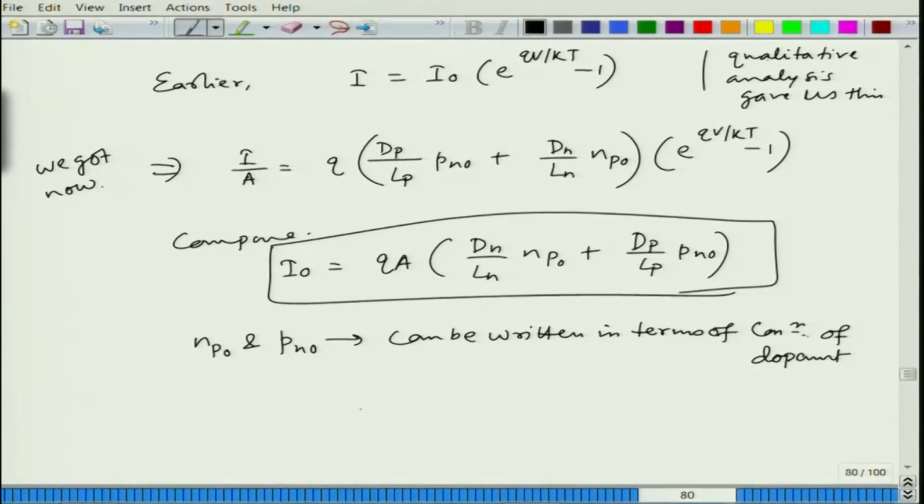What I mean is np0 is nothing but the intrinsic carrier concentration squared divided by the concentration of acceptor elements, and pn0 is Ni squared divided by Nd, which is the dopant concentration.